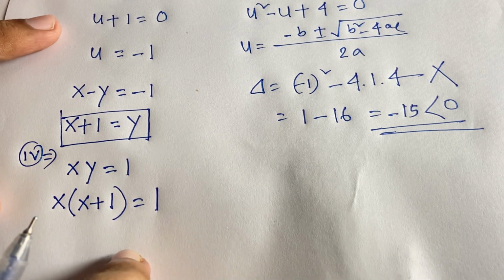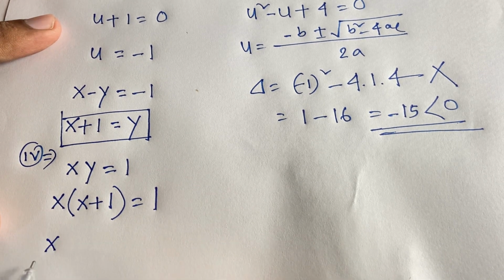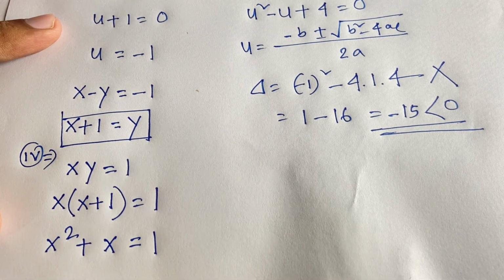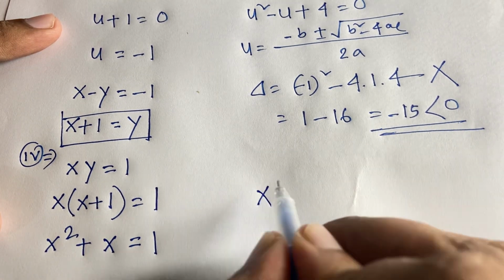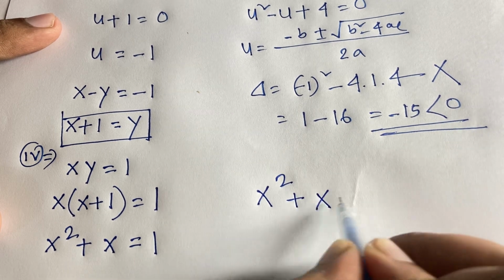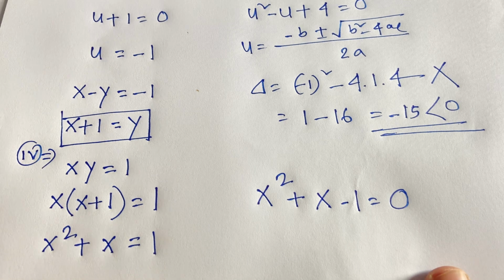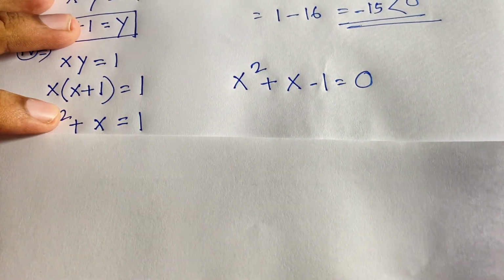Yes, so at this moment we'll find out x squared plus x is equal to 1, and this equation becomes x squared plus x minus 1 is equal to 0.